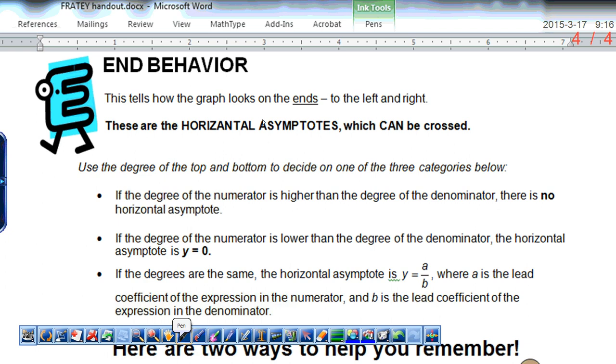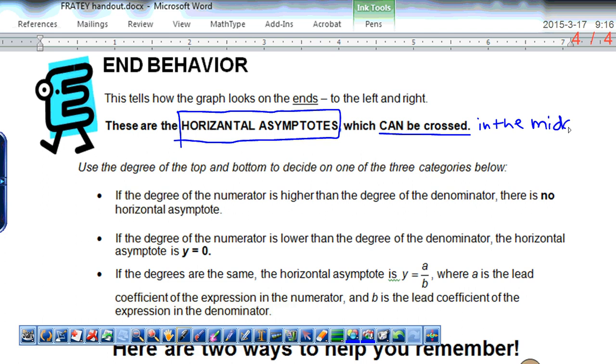This helps us define our horizontal asymptotes, which tell us about as x gets really big towards positive infinity, and as x gets really, really small towards negative infinity. Notice, horizontal asymptotes can be crossed in the middle of the graph, because really what horizontal asymptotes are there to do is tell us about the ends of the graph.